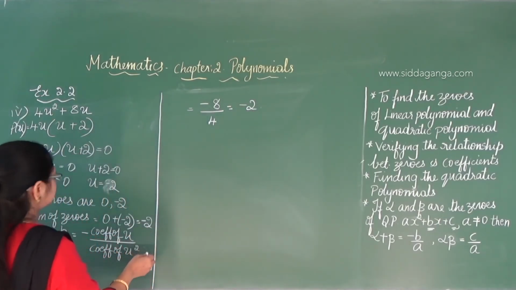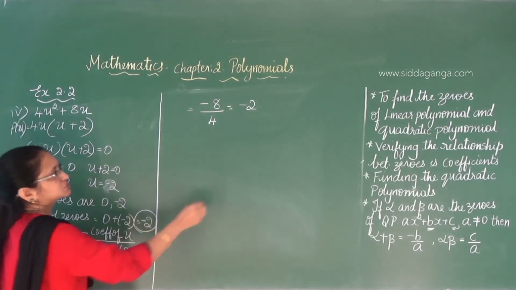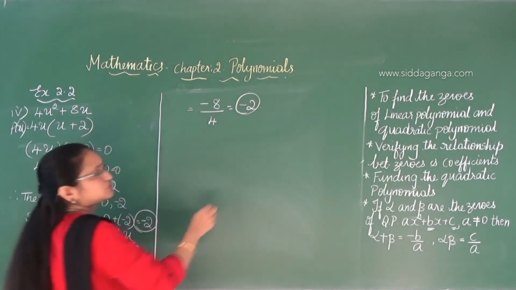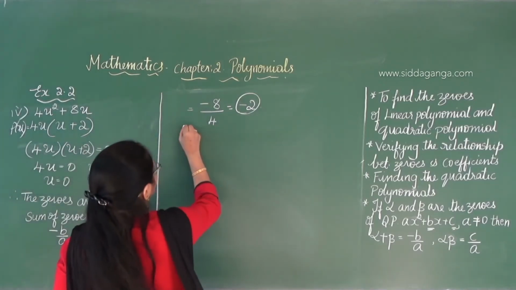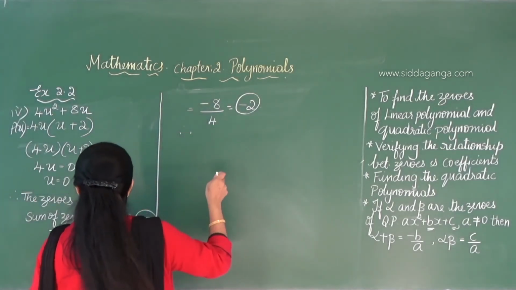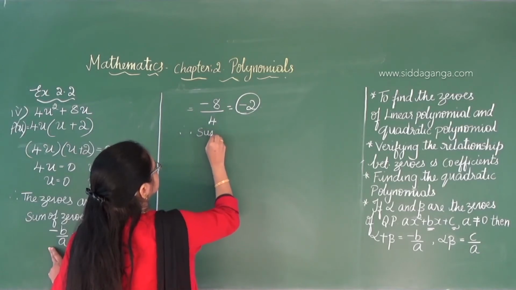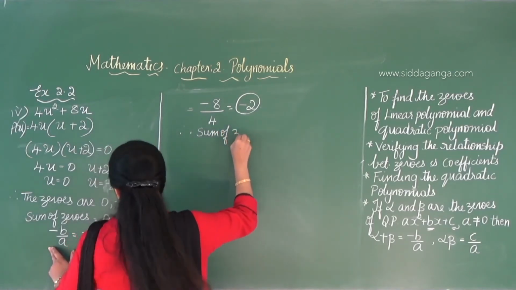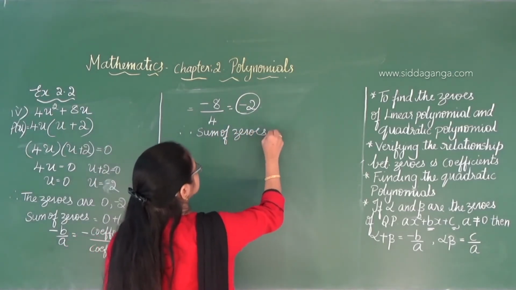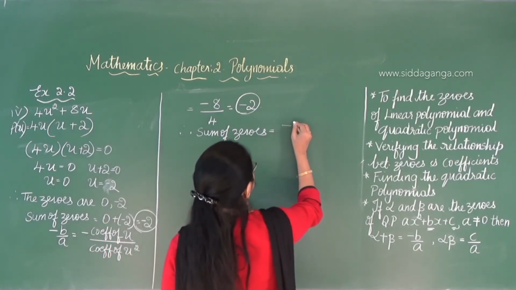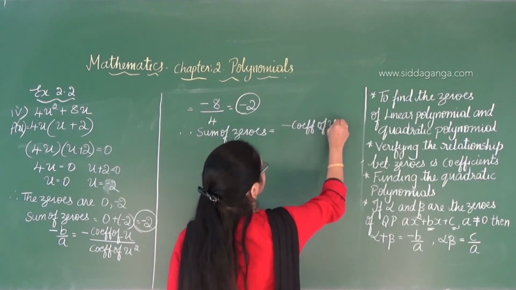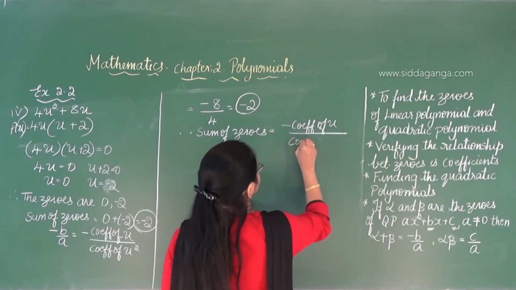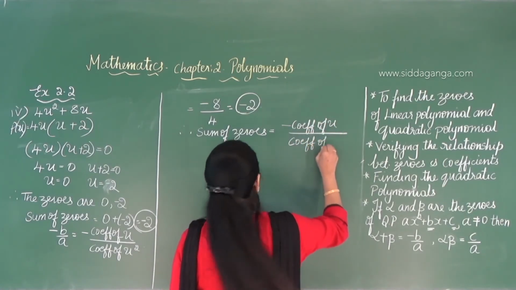We got the sum of the zeros as minus 2 and this is also minus 2. So can we write like this? Sum of zeros is equal to minus of coefficient of u divided by coefficient of u square.